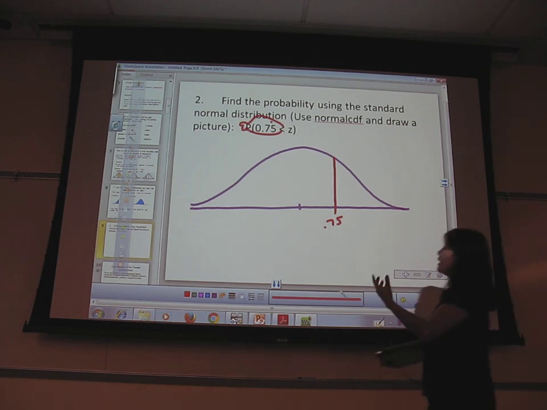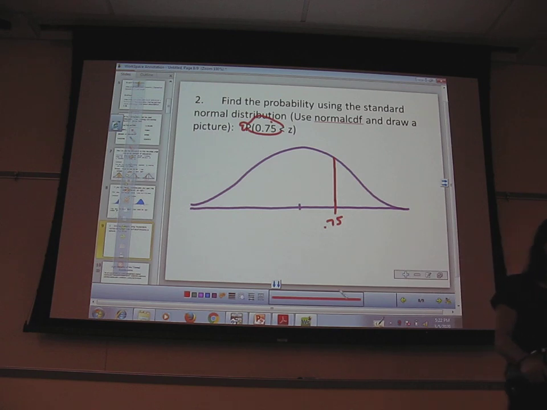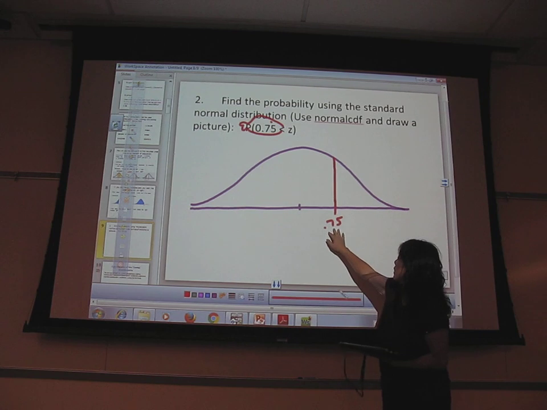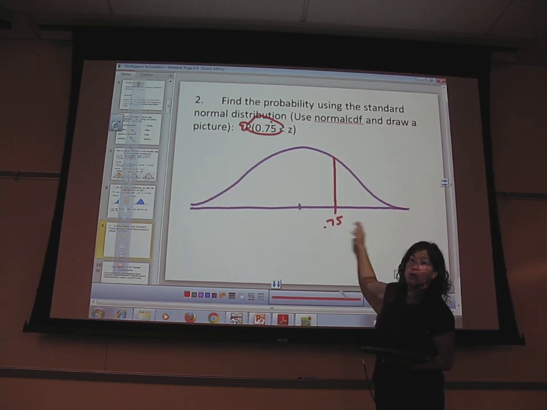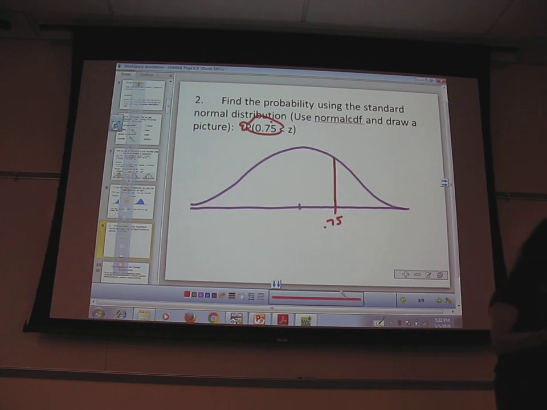The smaller one's easy to catch, so he already ate the smaller one. Z is the larger one. Larger fish are hard to catch. So the Z is larger. So if Z is larger than this, where is Z, on this side or this side? Right, this side over here, the larger side. So this is what we want.